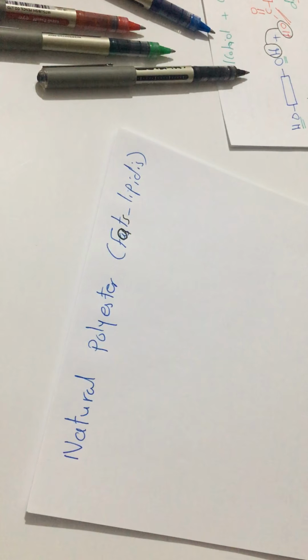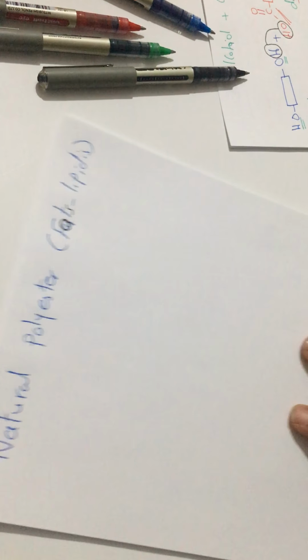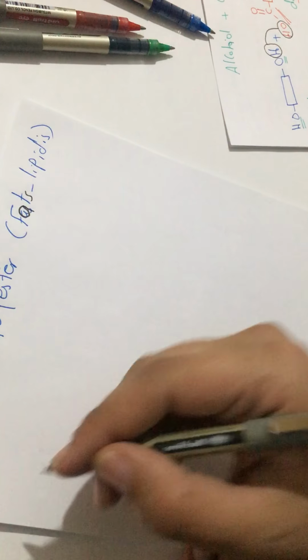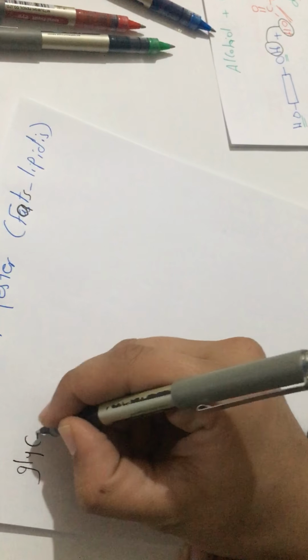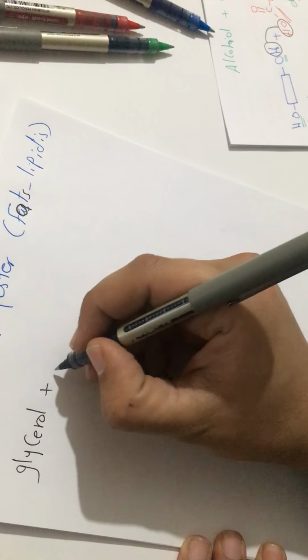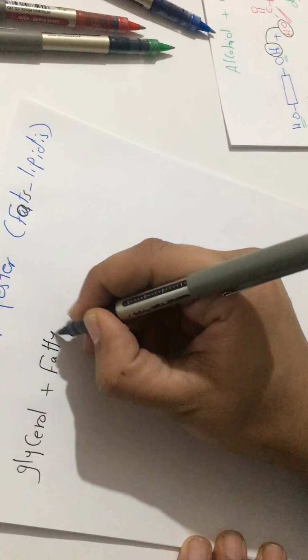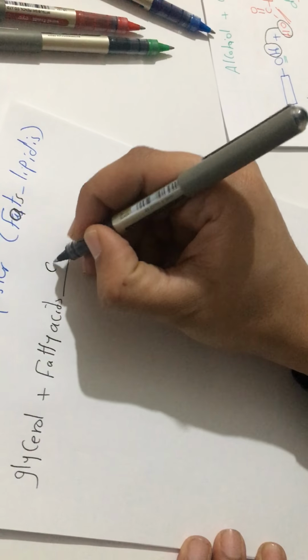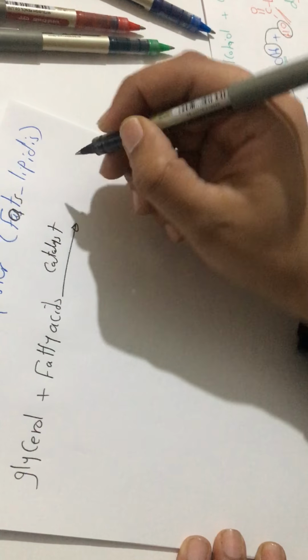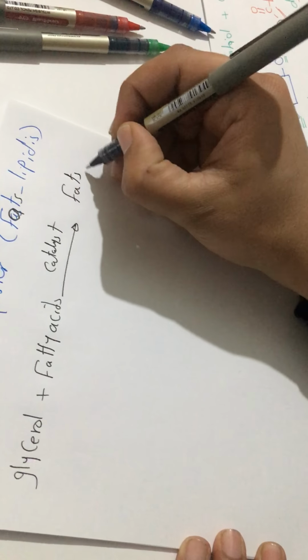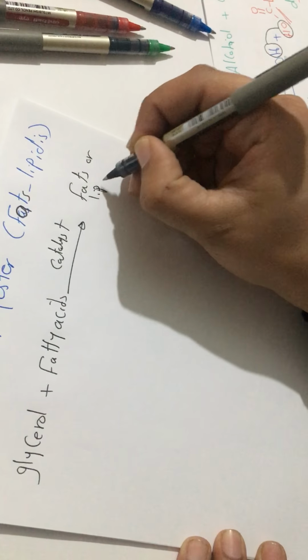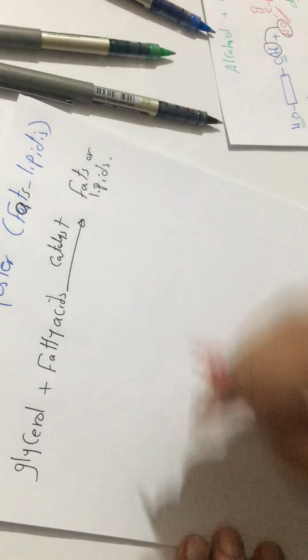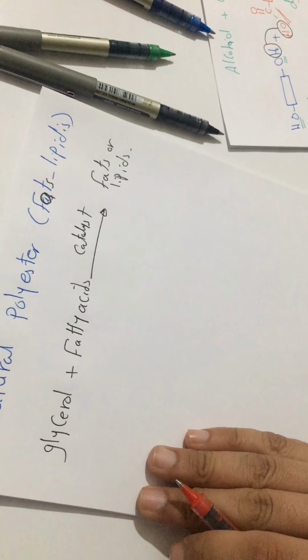So if we can reverse this process, we are going to have glycerol plus fatty acid in the presence of a catalyst. Of course, we will have fats or lipids. What would be the structure of glycerol?